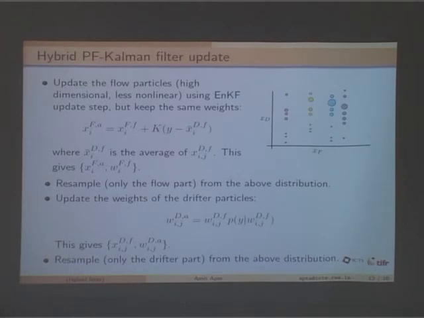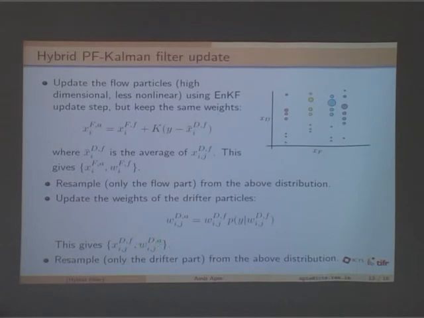We haven't done anything to the drifters yet, but if needed, you resample this distribution in order to get equal weight particles along the flow direction, and now update the weights using the observation. This does not change the location of the drifter particles, but it changes their weights.